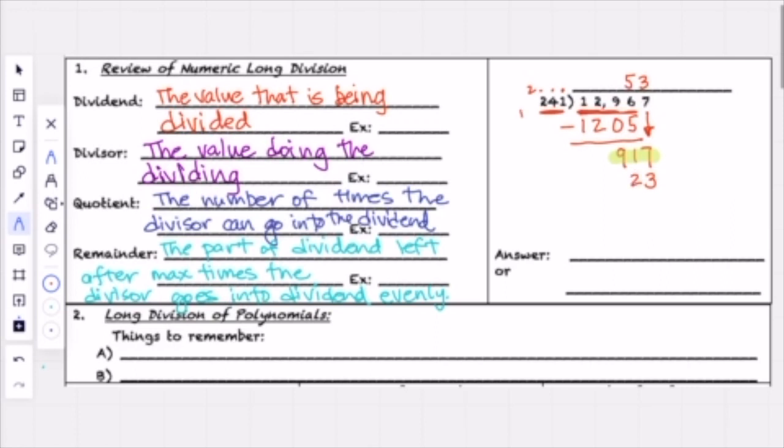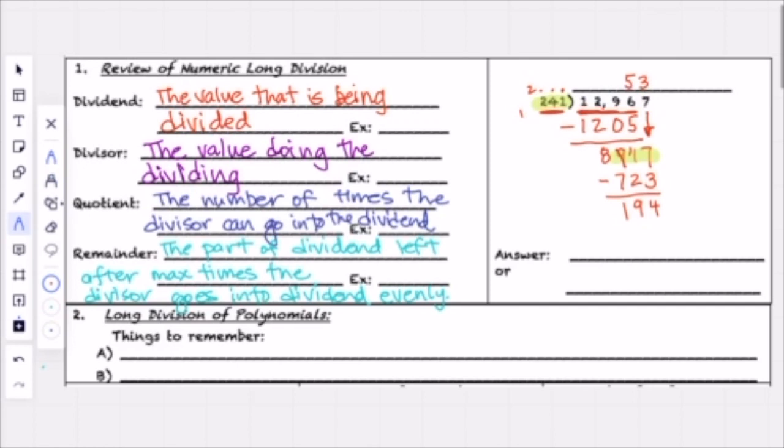Carry that 1. 3 times 2 is 6, plus 1 is 7. Let's subtract this and make sure it's a good number. 3 from 7 is 4. 2 from 11 is 9, and 7 from 8 is 1. And since that 194 is less than the 241, that means I have a good answer here.